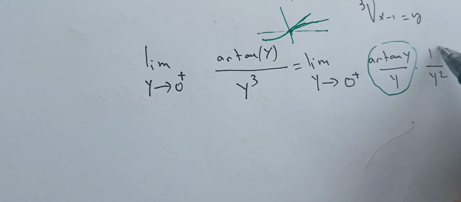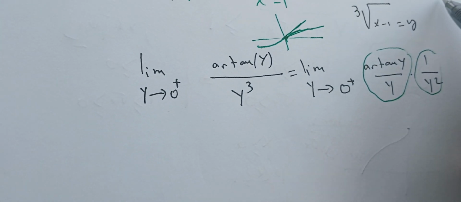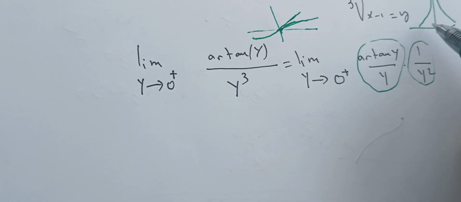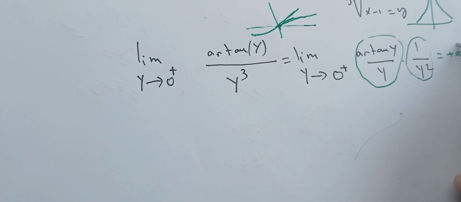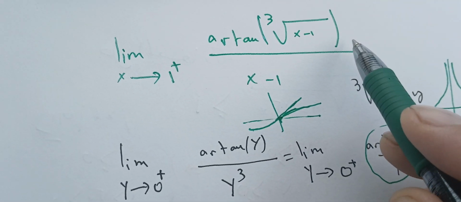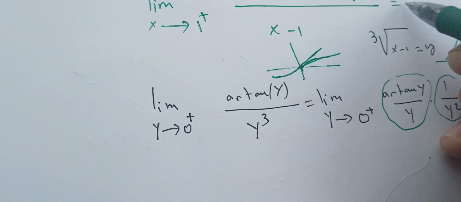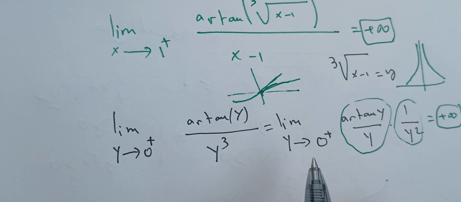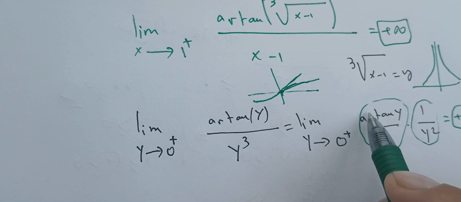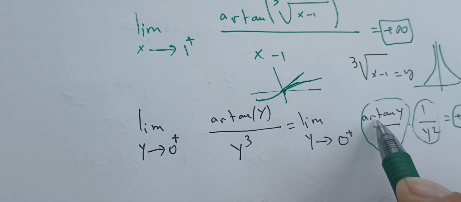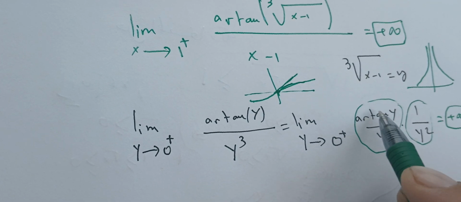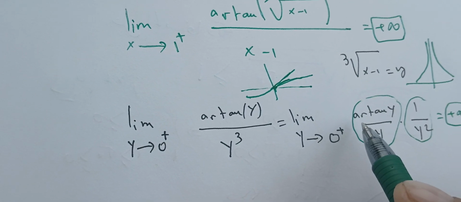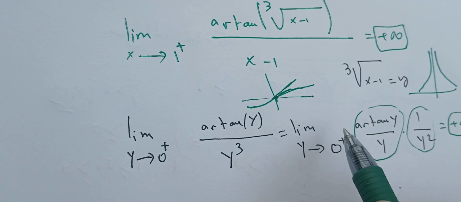And this limit, 1 over y squared, as y goes to 0 from the right, is plus infinity. Therefore, this limit is plus infinity. So this is a quick way of finding the limit. The only thing we used is that the first limit is 1. We have proved it many times in different ways; check it in one of the videos.